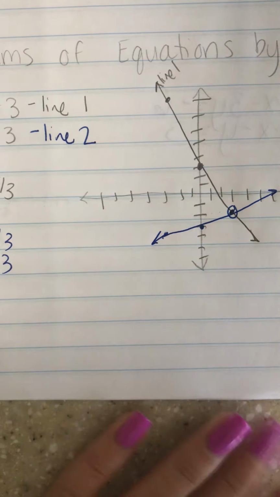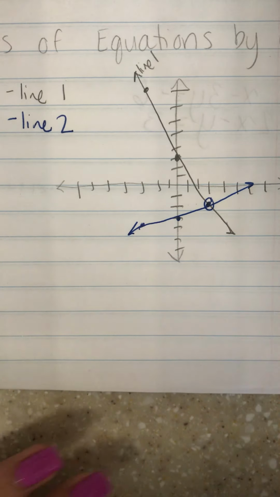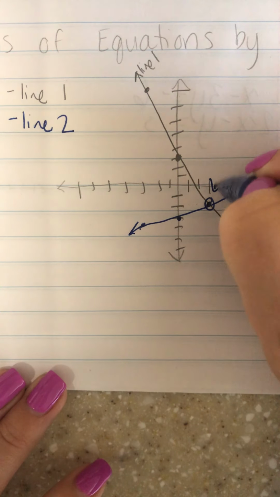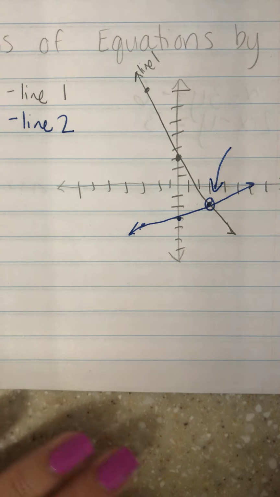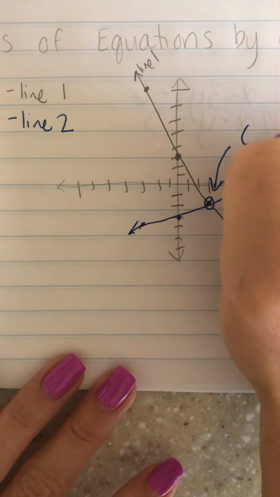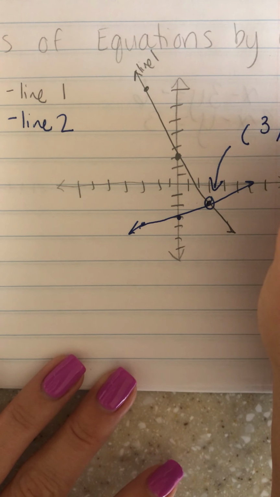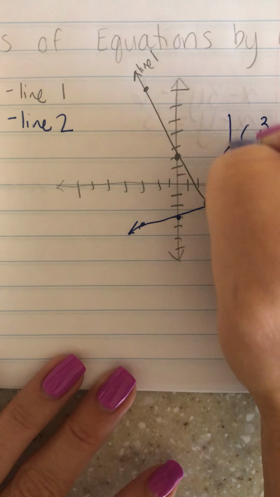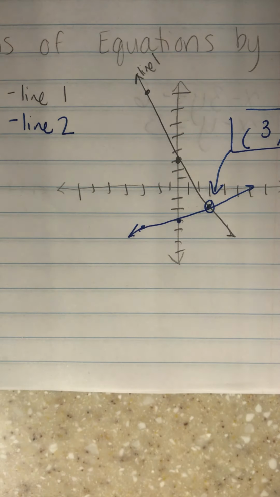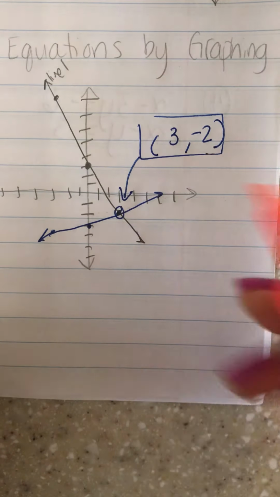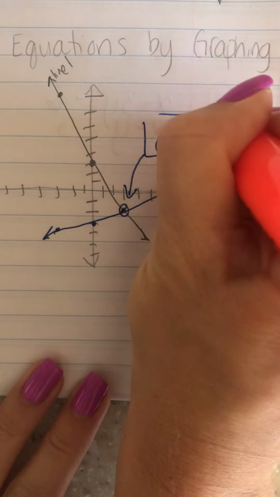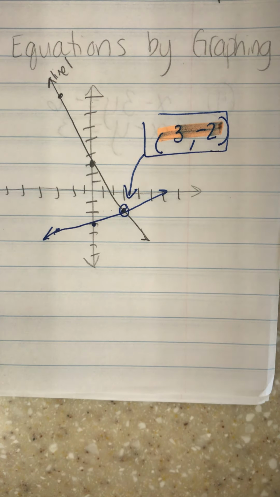Why did I circle it? Because in a systems of equations, your whole answer is the point at which the lines intersect. So what is that coordinate? It is 3, -2. That is my final answer. 3, -2. So you're finding where the lines intersect.